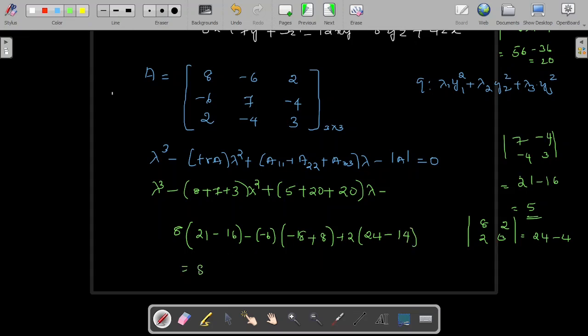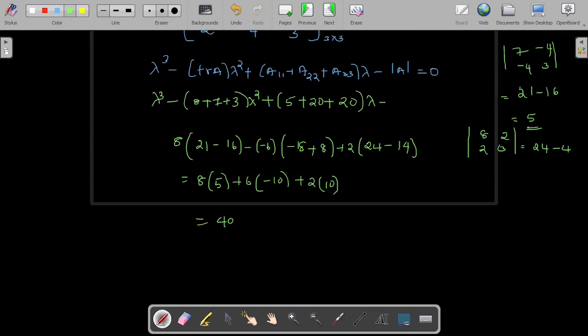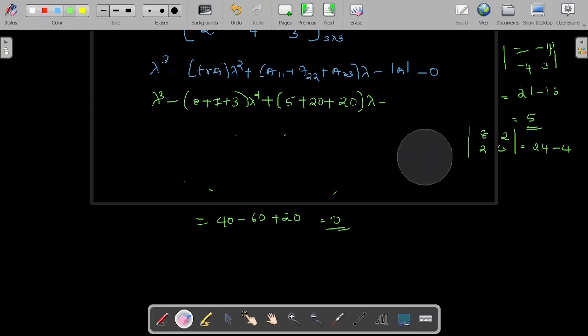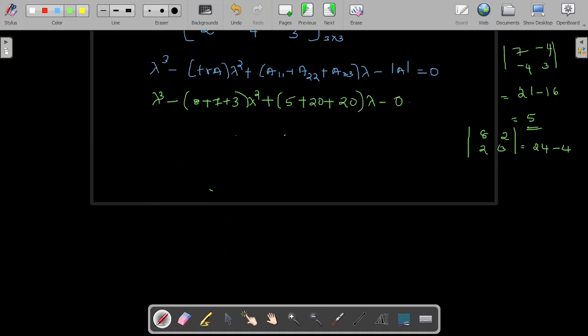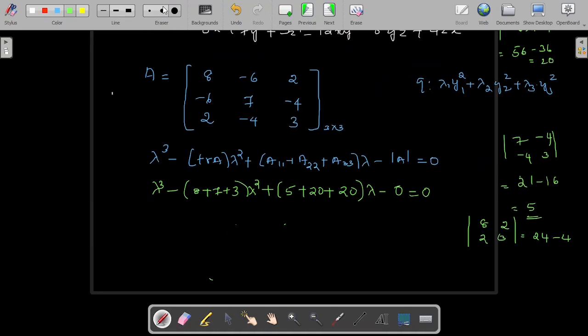This is equal to 40 plus 36 minus 76, and this is equal to 0. So the determinant value is 0. Let me substitute all this here.